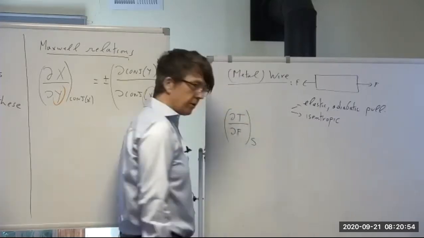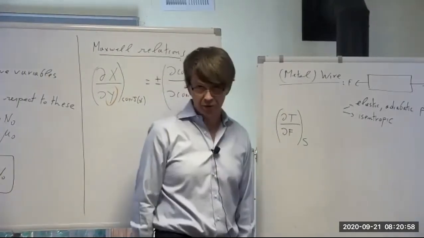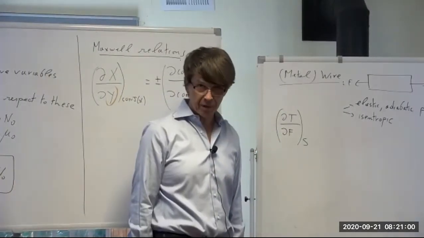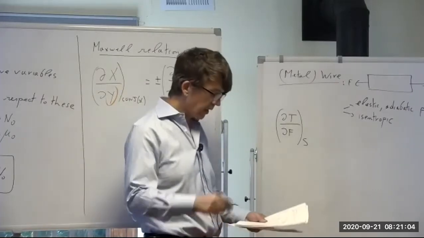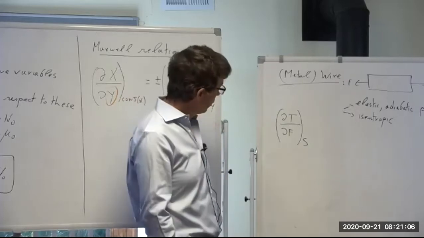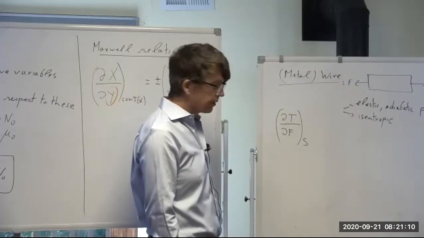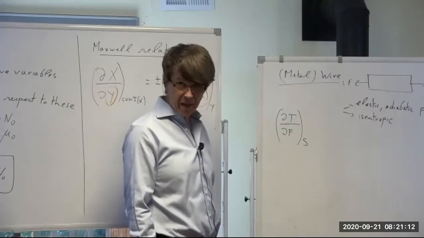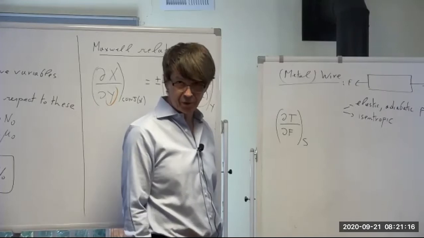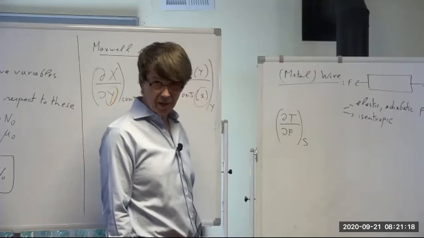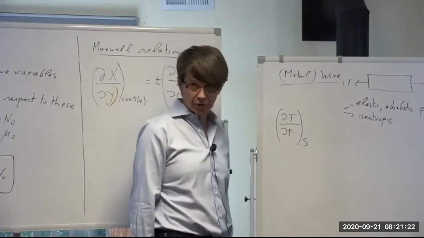I'm asking how the temperature changes as I apply force, and I do this at constant entropy. So our job now is to figure out, can we turn this into quantities that we know? First of all, is this Maxwell bait? I call it Maxwell bait if you can transform it through a Maxwell relation. And it is, because I'm taking a derivative of T and keeping S constant.